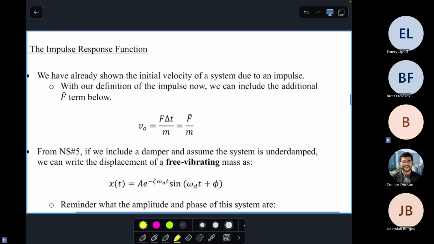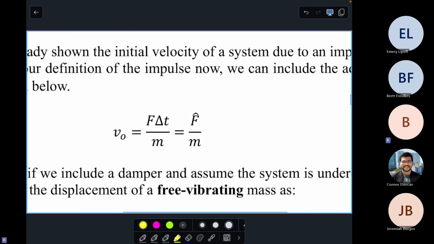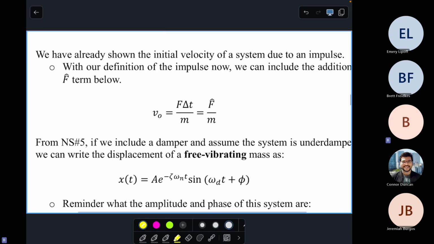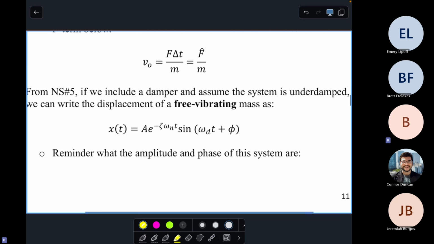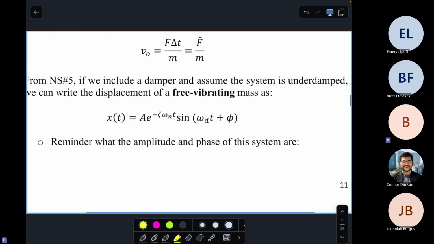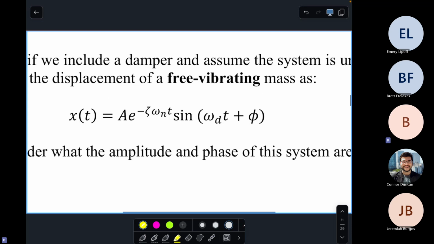So this is what we had for our initial velocity before, f hat over m. Again, we can assume some free vibration problem with this as the initial velocity. And I give an example for an underdamped system. If you look at your equation sheet or go all the way back to note set 5, you can see that this is the response of an underdamped system. What's different about an underdamped system compared to critically damped or overdamped?